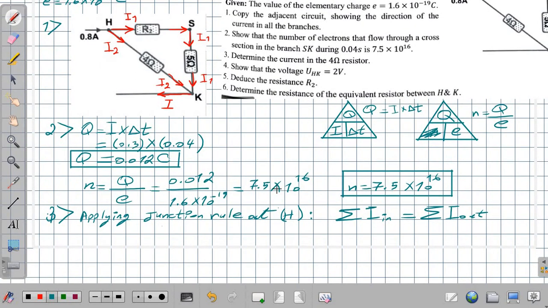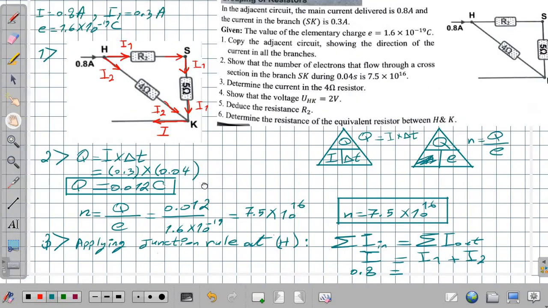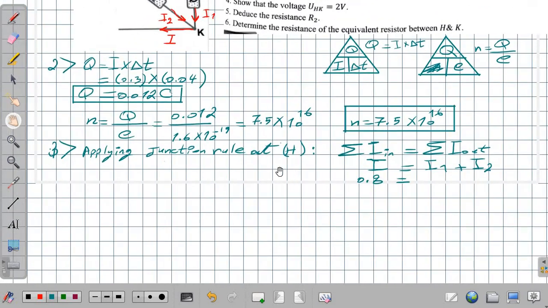The current in is the main current that we called I, and the currents out of this junction are I1 and I2. So I equals I1 plus I2. I is given 0.8, and I1 also is given 0.3.